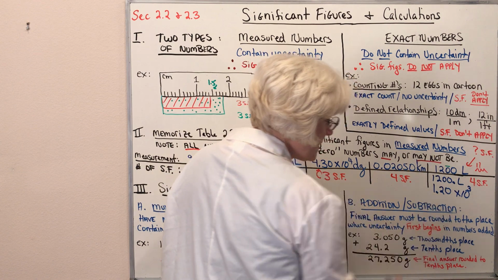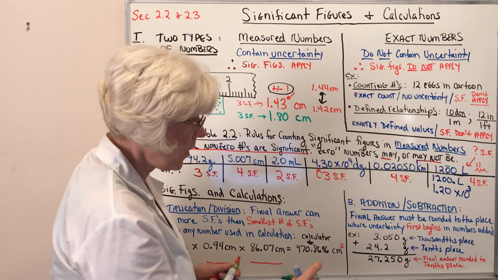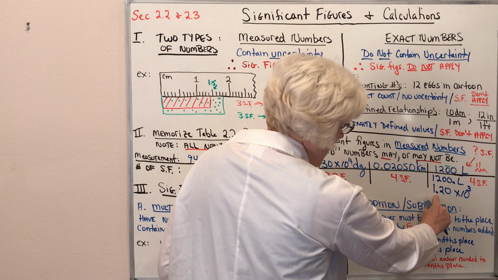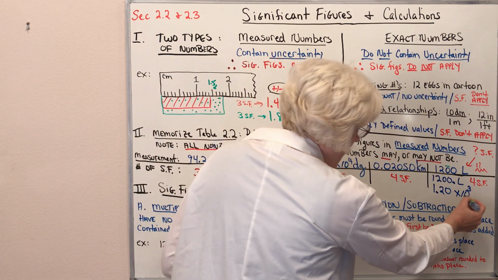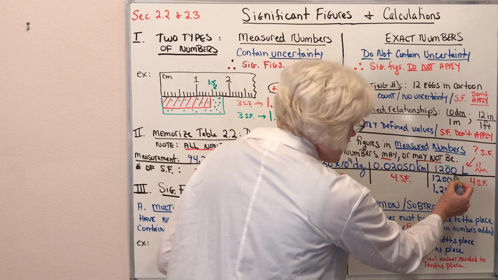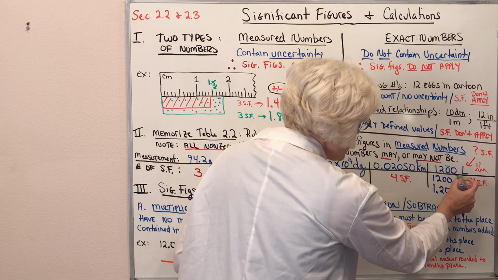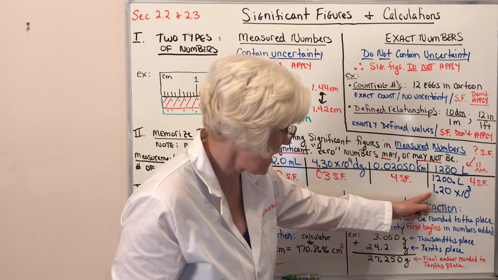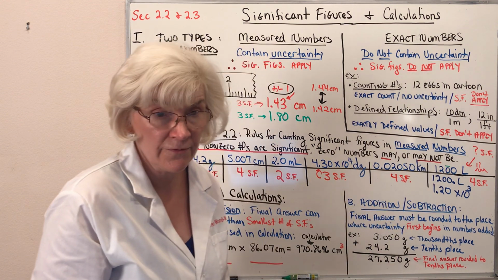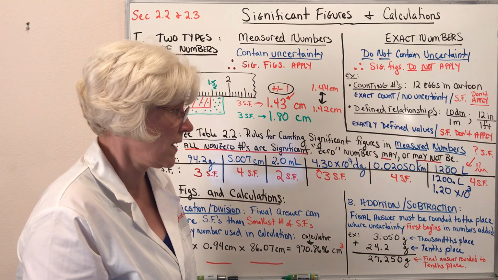Remember, proper scientific notation is always one non-zero number followed by the decimal point. The exponent on 10 is the number of places you have to move the decimal point in order to have a single non-zero number followed by the decimal point.